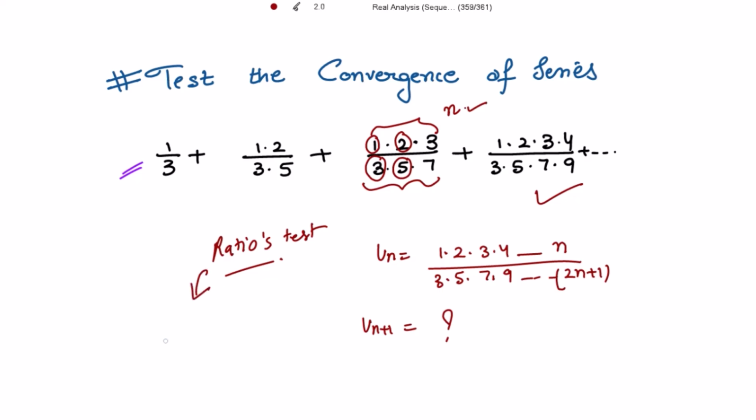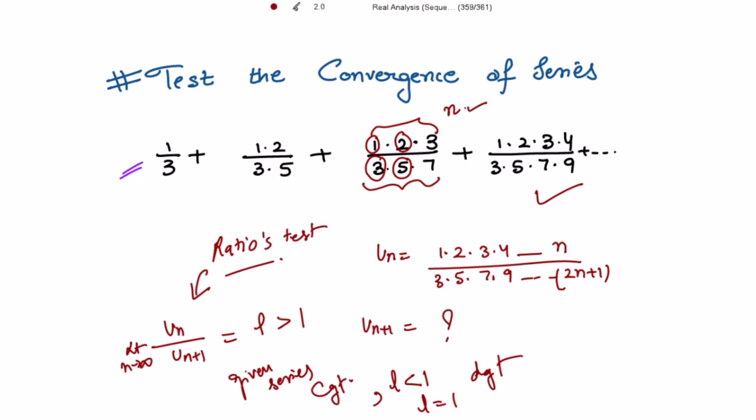When applying the limit on un divided by un plus 1, if that limit is greater than 1, then the given series is convergent. If L is less than 1, then that is divergent. And if L equal to 1, then the test fails.